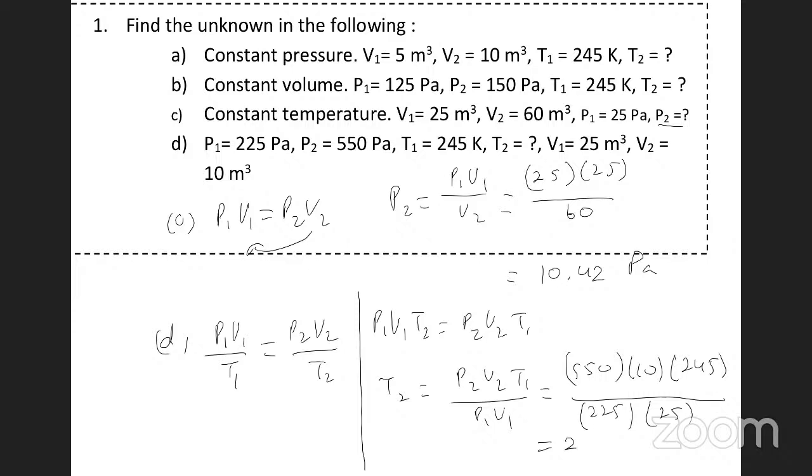Let me just work it out just to make sure. Right, 239.6 Kelvin. Nice. So again, I wanted to show how important it is to be able to make the subject of the formula, right? Two fractions, cross multiply and solve for what you need.